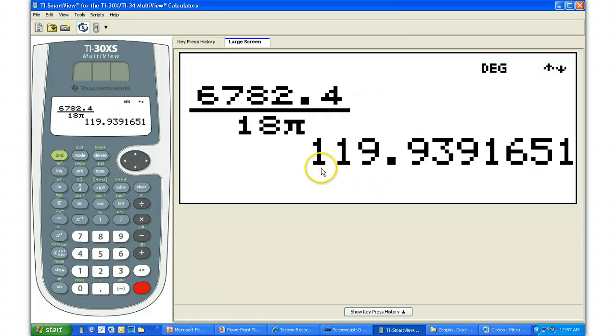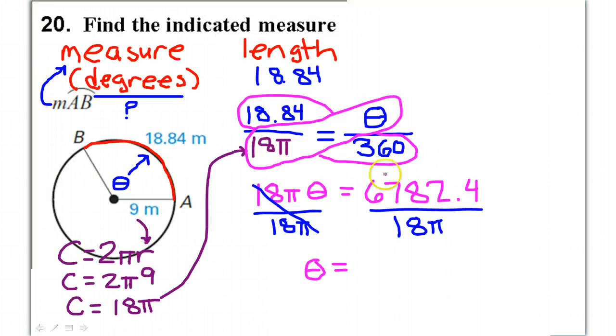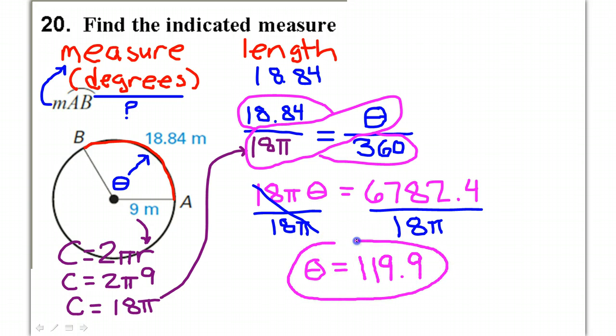That's going to be 119.9 degrees, and that's your answer. That is the angle, and of course we know that this angle is the same as the arc measure, which is what we were being asked to find. That was a tough problem, but you can do it.